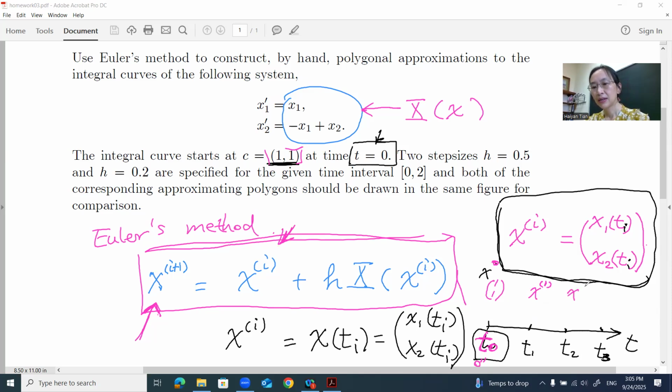Then the solution vector at t2, the solution vector at t3. So that's our notation. It's very easy to apply Euler's method, and even if you do it manually, each step is straightforward. Just try to understand this method and how it can be used for vector valued solutions.